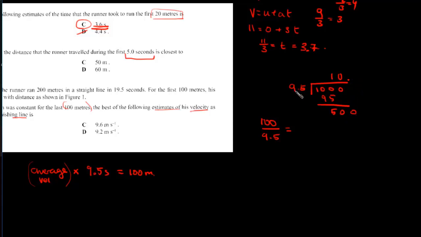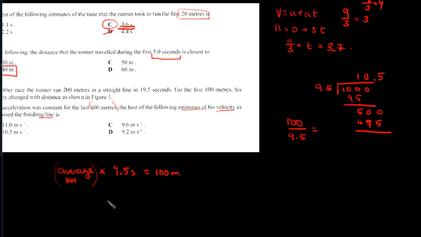Multiply 9 by 5, you get 45, and 5 times 5 is 25, so this becomes 75, like that. So it's about 10.5. So the average velocity is about 10.5 meters per second.